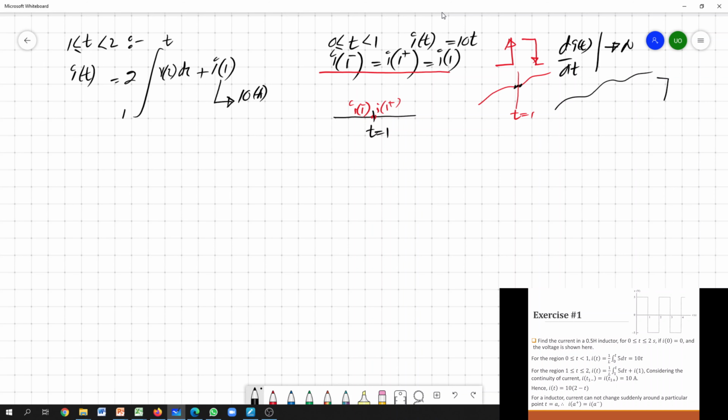These kinds of situations are not observed in the variation of the current in the inductor. So we can assume that this is a valid argument.